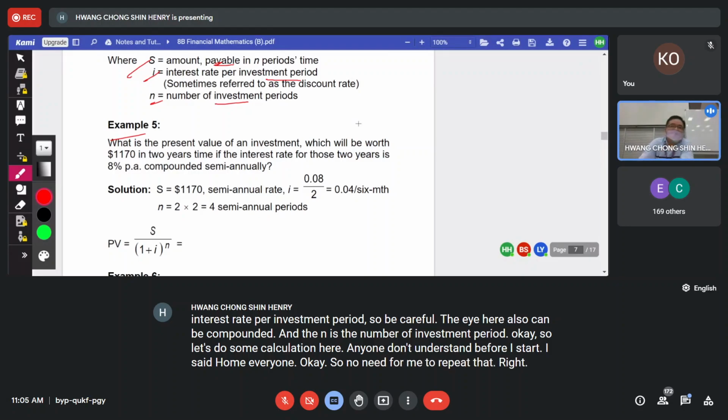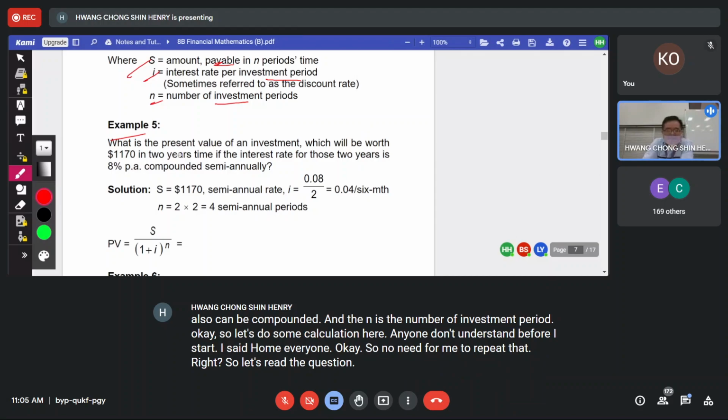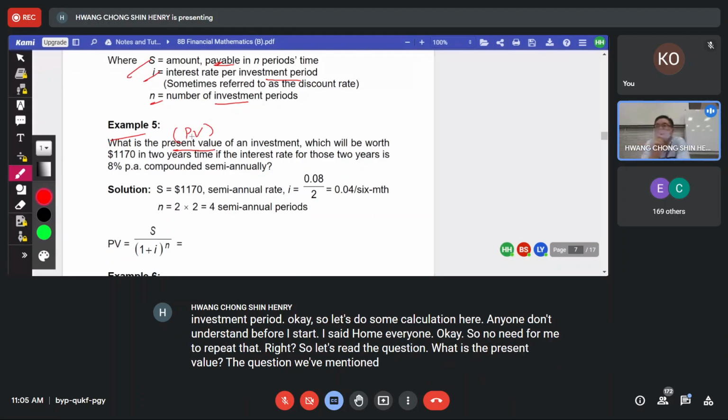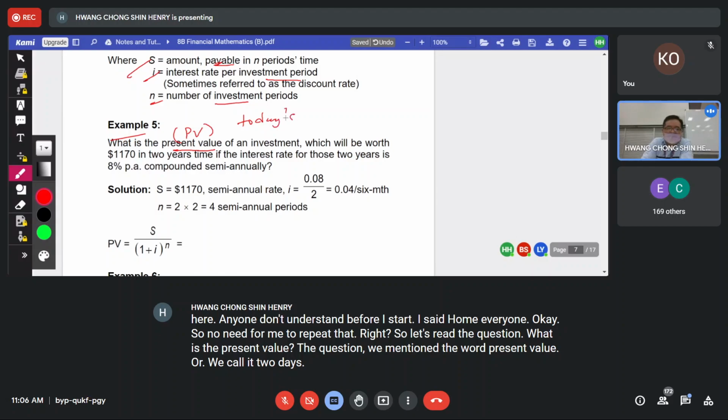Right, so let's read the question. What is the present value? The question will mention the word present value, or we call it today's money.